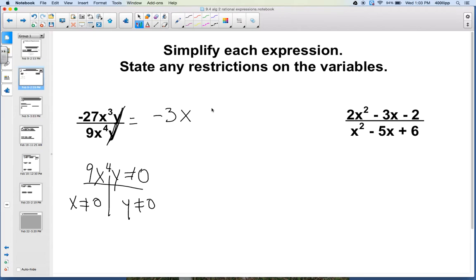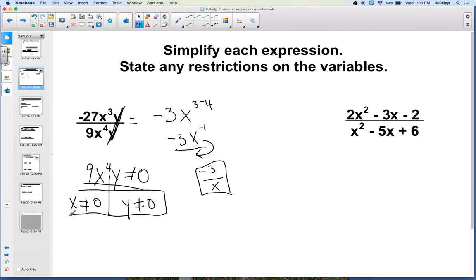So 3 minus 4 is going to give me negative 3, x to the negative 1. When we have a negative exponent, I bring it down to the denominator. That will give me negative 3 over x, and that is the simplified version. So I have negative 3 over x with these two restrictions.